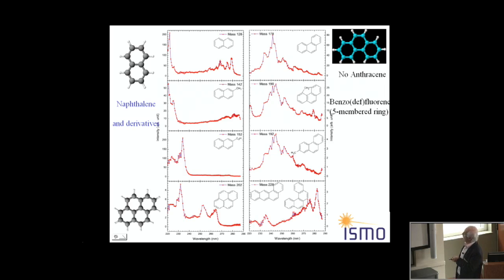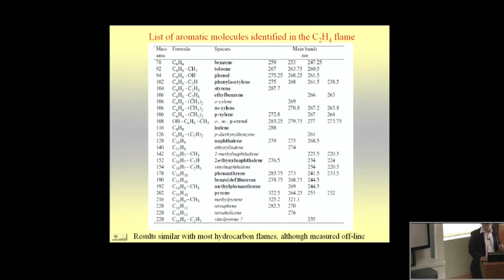Methylphenanthrene, and with 4 rings, pyrene, of course, very condensed, very compact, and also these 2 isomers. This is tetraphene and tetrahelicene, which is out of plane in that case. Okay, a number of species.